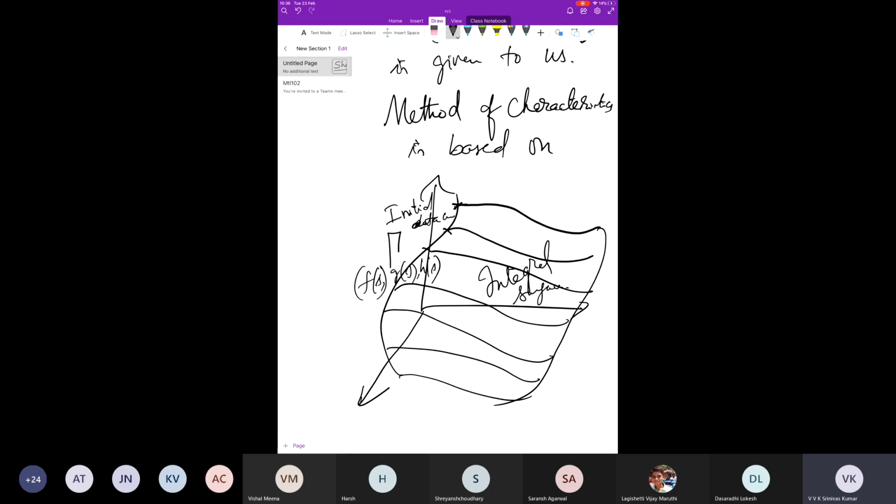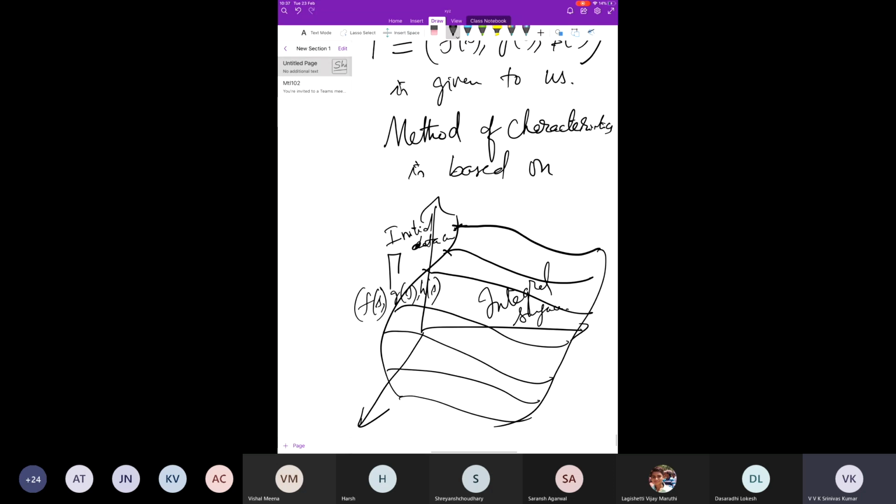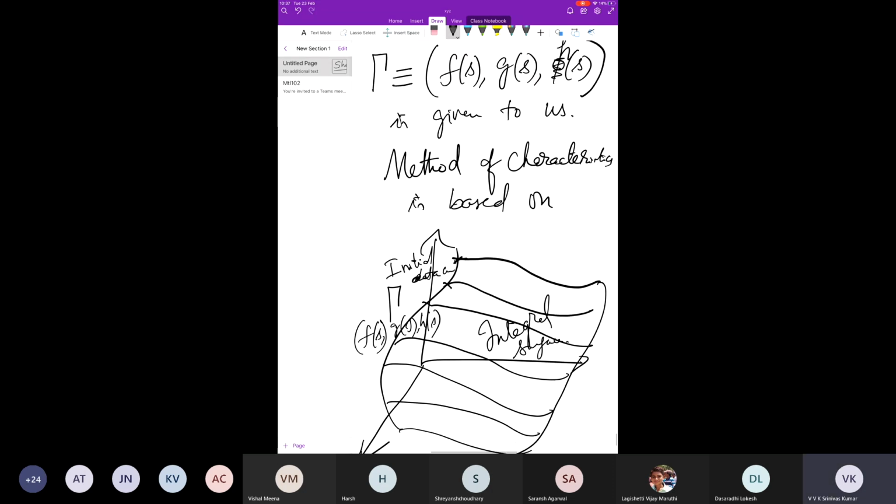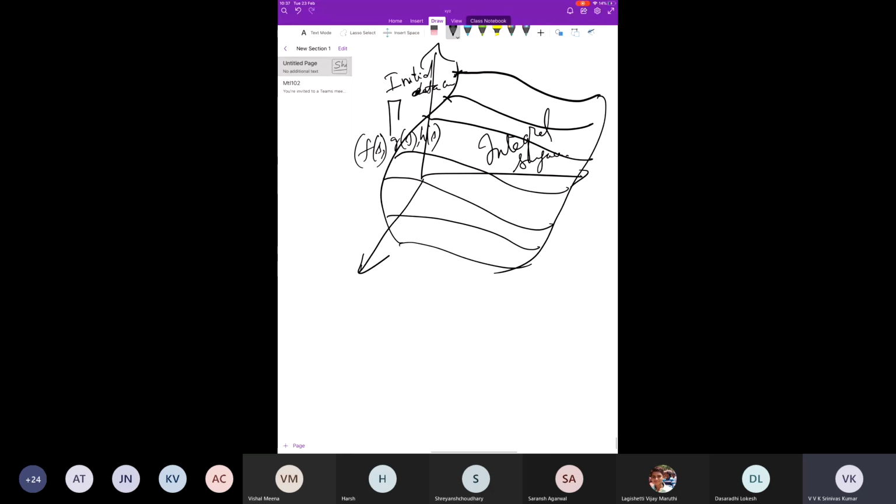The assumption is that the given gamma is non-characteristic. It should not be characteristic. It is not one of these characteristic curves.